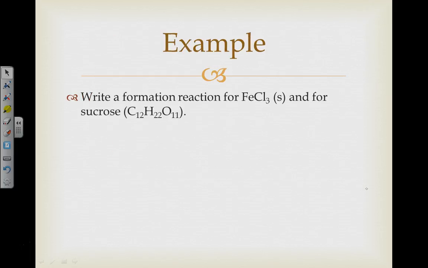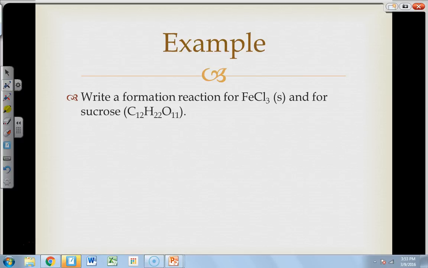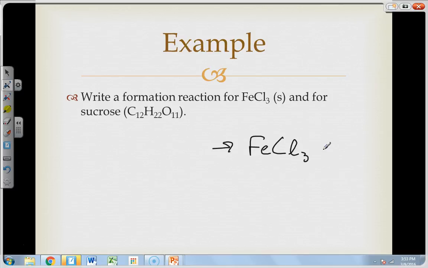So it says, write a formation reaction for FeCl3 solid and for sucrose. Well, this should be a fairly straightforward reaction. Remember, we want to form 1 mole of product. So when I do this, I typically start with the product in whatever state I want it to be in.